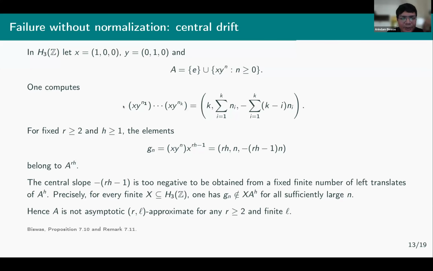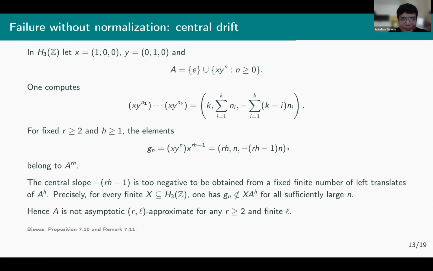And if you compute A to the power RH, or A to the power H, you will see that these products give this sort of form, and basically you can show, it's like a one-page proof, that these won't be asymptotic approximate groups. So basically, A won't be an asymptotic approximate group in this case. And that is because of the third term, which blows up quite fast.